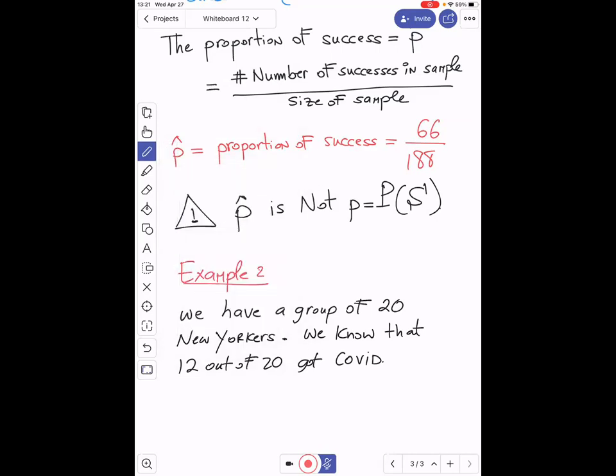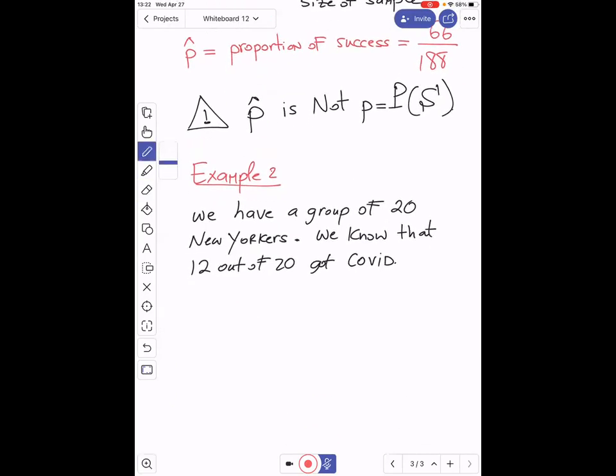So let's say the success here, the probability of success: when you select a random New Yorker, of course there are two possible outcomes, because we are interested in whether the person got COVID or not.